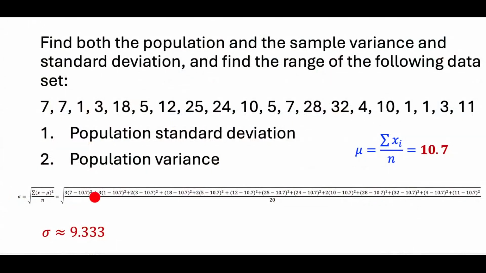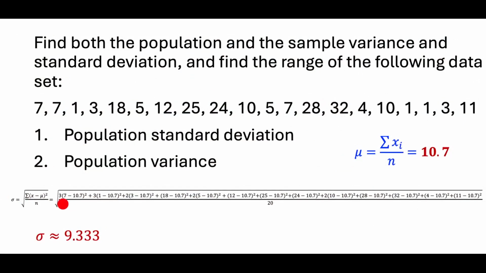Now, notice what I did here. This is how I input the information for my data points. Notice that 7 occurs with a frequency of 3 times. So instead of writing 7 minus 10.7, that is 7 minus mu, the mean, 3 times and squaring it, I just multiplied it by 3.